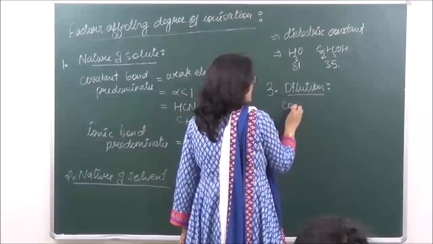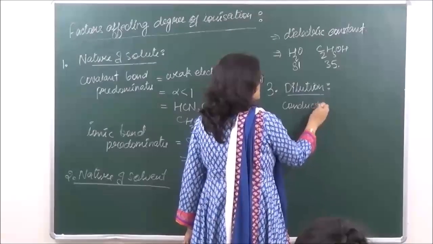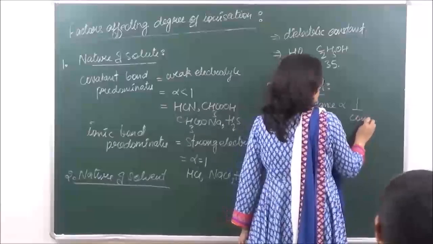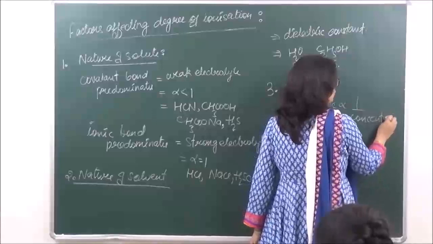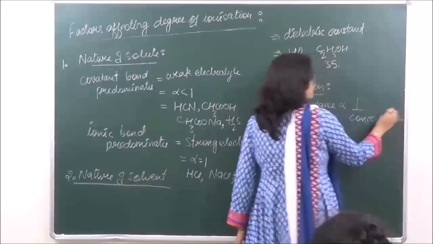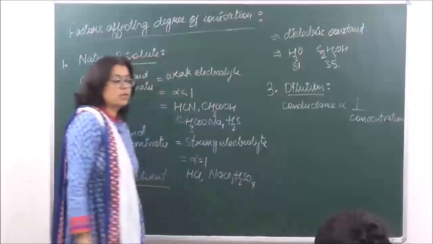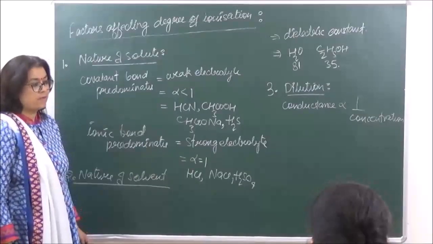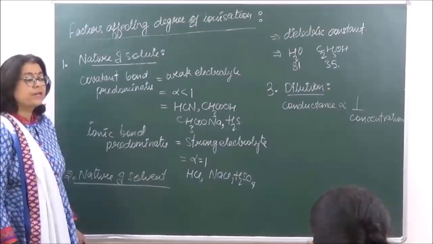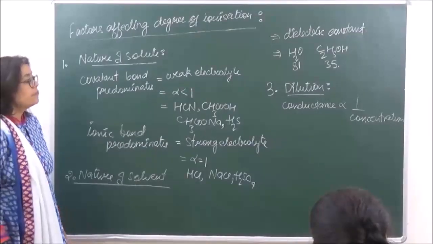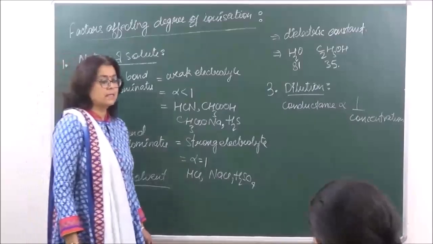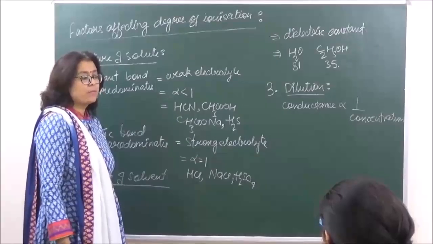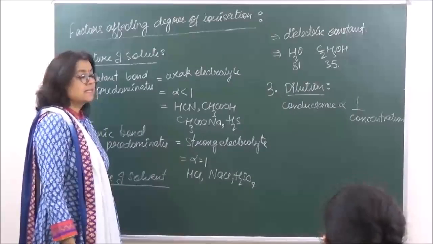We say that conductance is inversely proportional to concentration of the solution. If the solution is more concentrated, the ions cannot be dissociated effectively because they are bound with greater forces of attraction. Therefore conductance is less. On diluting this solution, more ions are produced and hence the conductance increases.